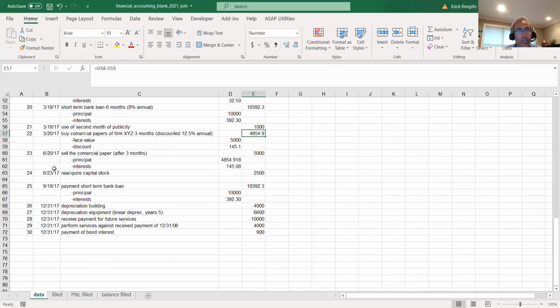So let's do 23. We sell commercial paper after 3 months. Where's my commercial paper here? Oh, this one here. Okay. So my principal and my interest is 5,000 here.